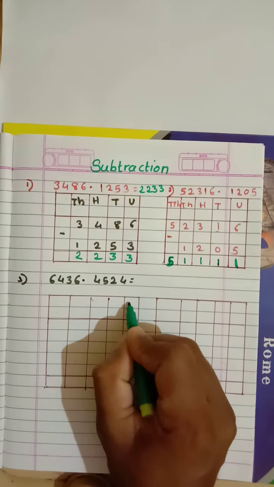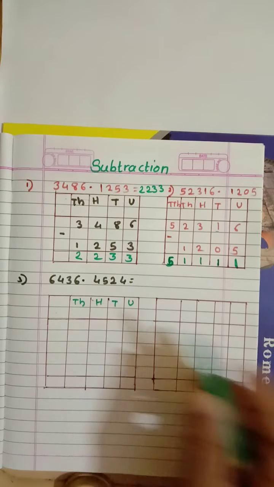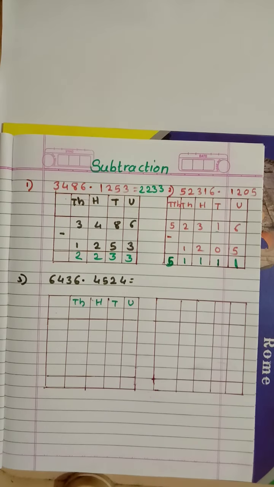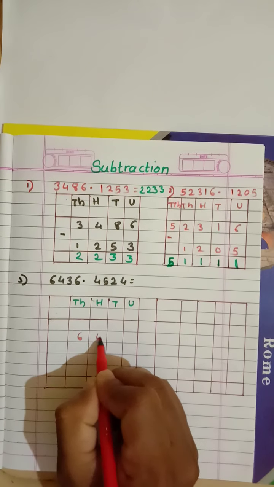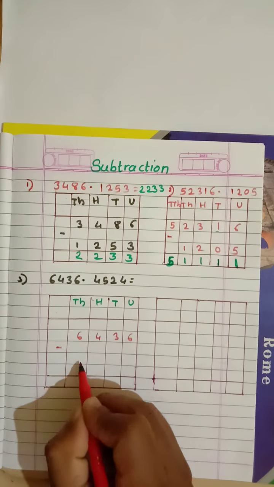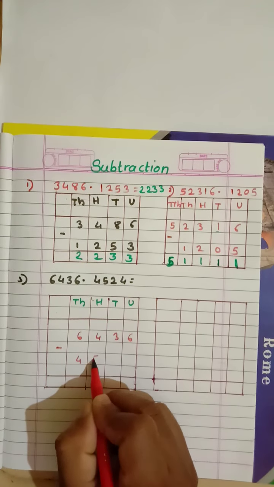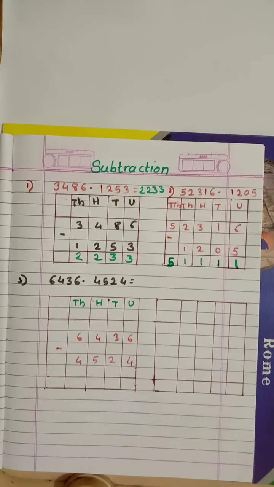A 4-digit number, so I have to write 4 places. Unit, tens, 100 and 1000. And then what I have to do is arrange the numbers. 6,436 minus 4,524. Okay, so let's start subtracting the numbers.